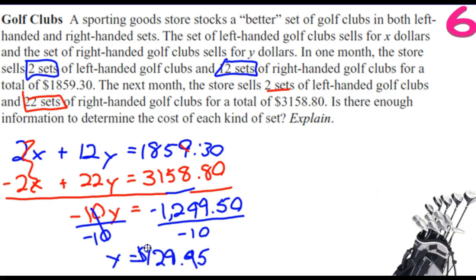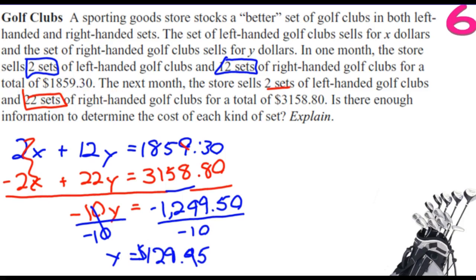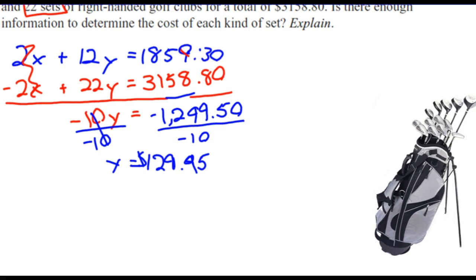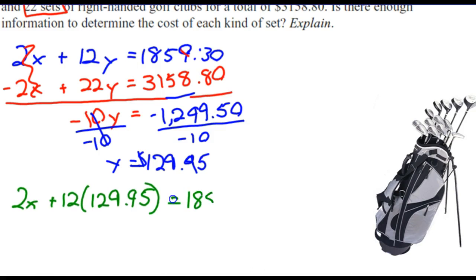So that is the cost of a set of right-handed golf clubs. Now we need to find the cost of a left-handed golf clubs. So we're going to take that number and put it in for y. So we'll have 2x plus 12 times $129.95 equals $1,859.30.